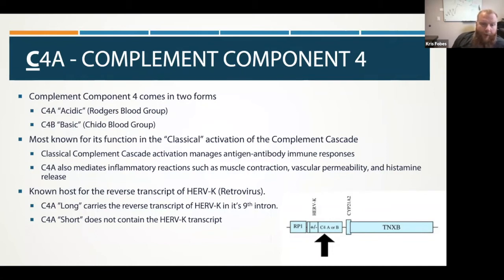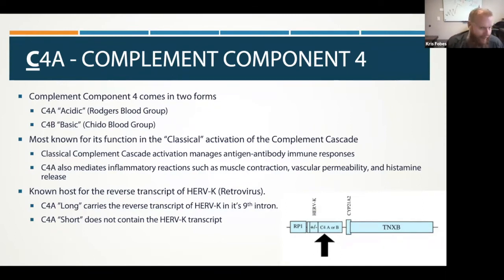C4A is mostly involved in the classical activation of the complement cascade, which deals a lot with the management of antigen-antibody immune responses, which is obviously a big topic in something like COVID or any kind of persistent pathogen really, or autoinflammatory disease.